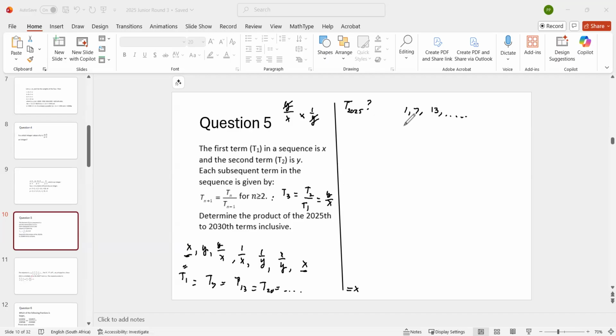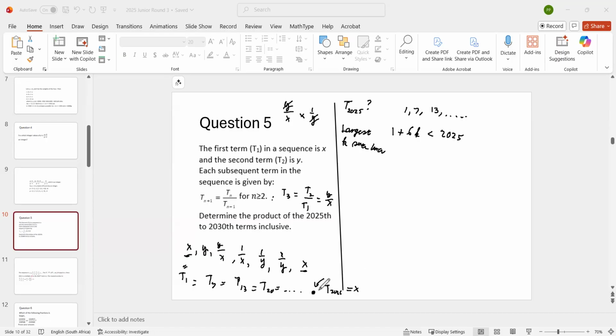This is 1 plus 12. So this is really 1 plus 6k, if you like. K equals 0, k equals 1, k equals 2. You want this to be less than 2025, but you want to find the largest k. The reason for this is I want to know what happens right down the line when I'm getting to 2025. I want to see which is the closest one to this, which is equal to x.